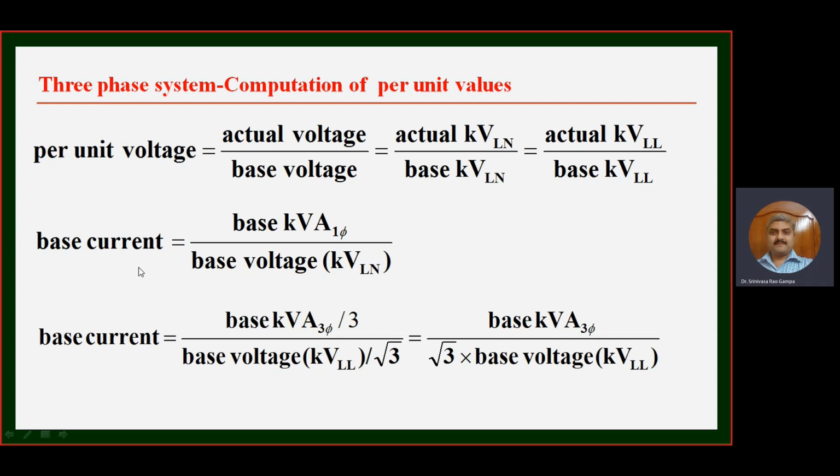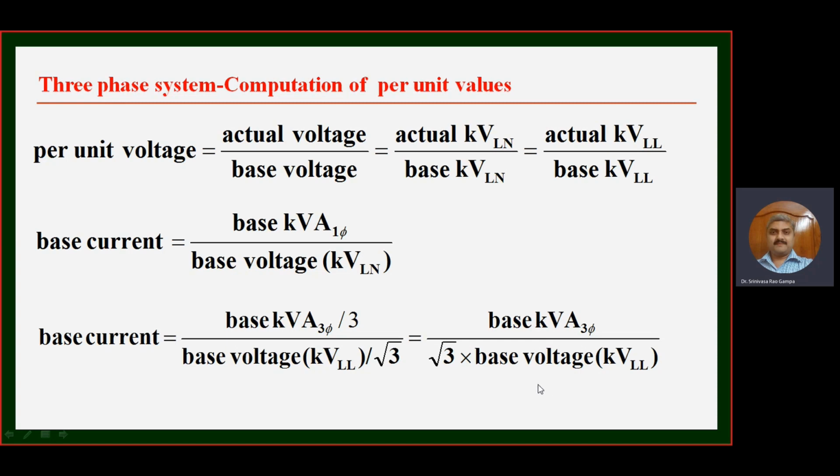When you go for the base current, it is base kVA single phase by base voltage kVLN. This is the formula we derived in terms of single phase quantities. Now we will derive the formula in terms of three-phase quantities. So base kVA three-phase by 3 and base voltage kVLL by root 3. If you do this, you will get base kVA three-phase by root 3 into base voltage kVLL.